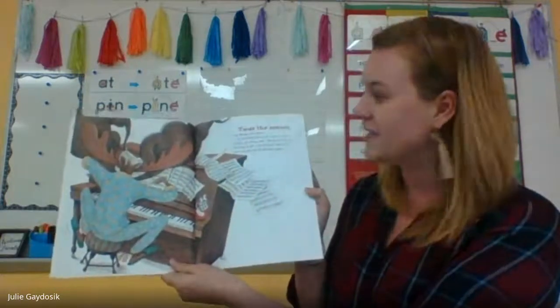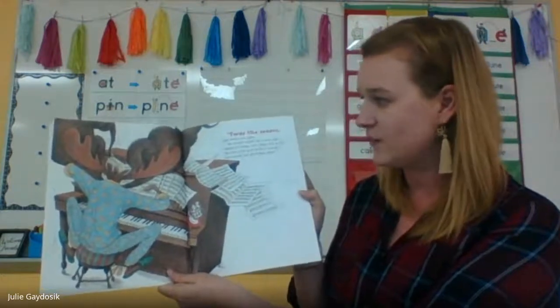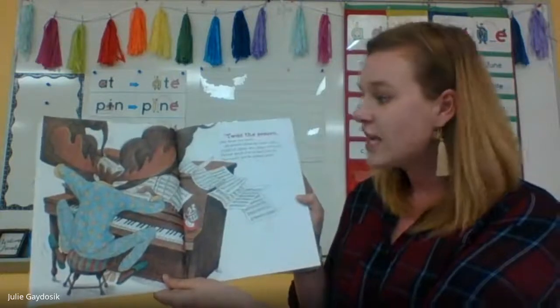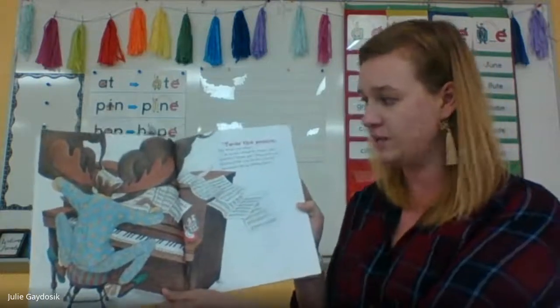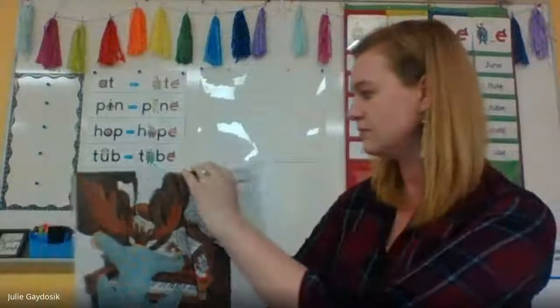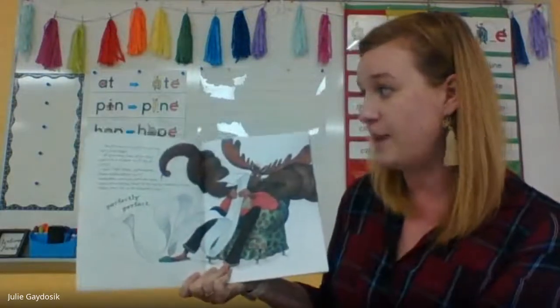'Twas the season, and Moose was merry. He joyfully tickled the ivories with a tuneful of tidings and a flurry of fa-la-las. He was so full of ho-ho-hos, even his mustache had the holiday spirit. But Moose was more than just a bit merry and bright.